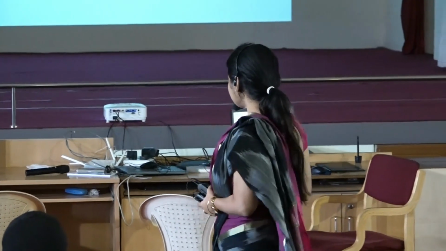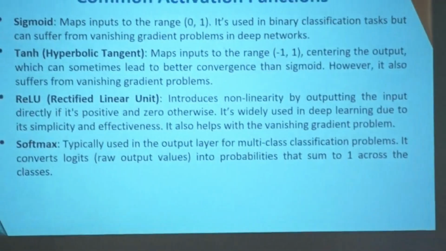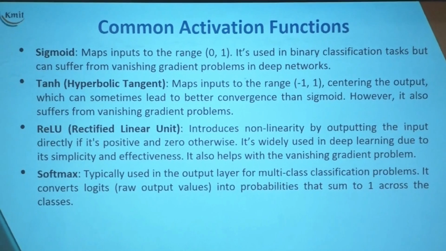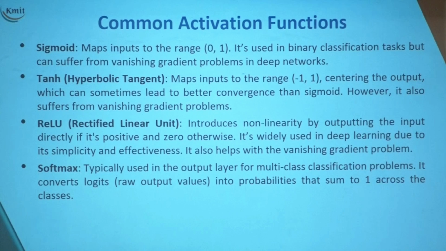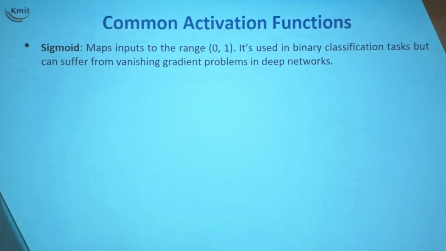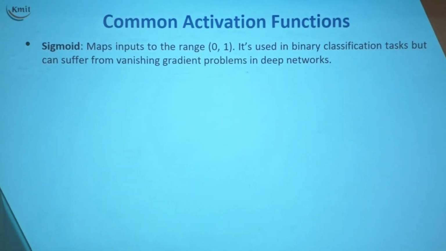Okay. So there are 4 activation functions which we use. How many? 4. Make a note of it. First one is called sigmoid. Just write sigmoid. Listen to me. After that you can write what that sigmoid is. We can use sigmoid in the hidden layer and also the output layer.